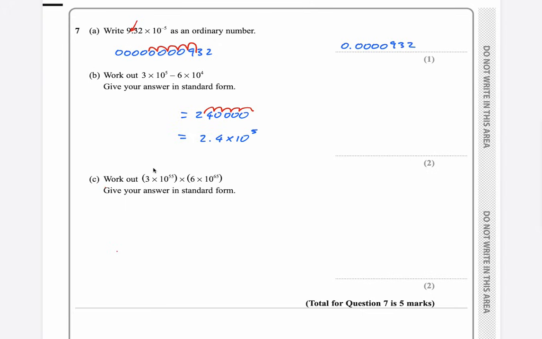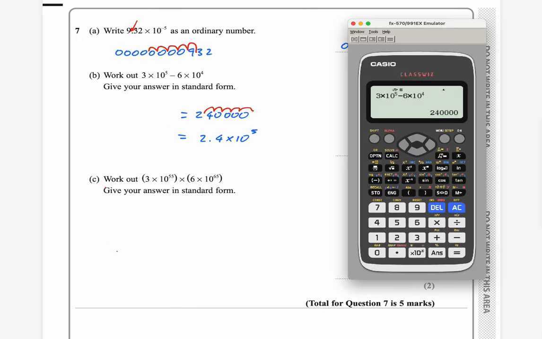Okay, then this one. When he doesn't want you to use your calculator, he'll put numbers like this in. These numbers are so big that if you do 3 times 10 to the power of 55 times 6 times 10 to the power of 65, you don't need the brackets there, although you can put them in.